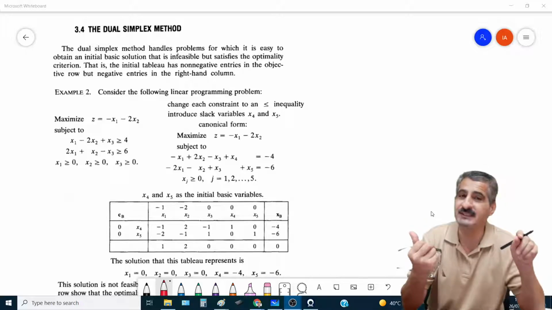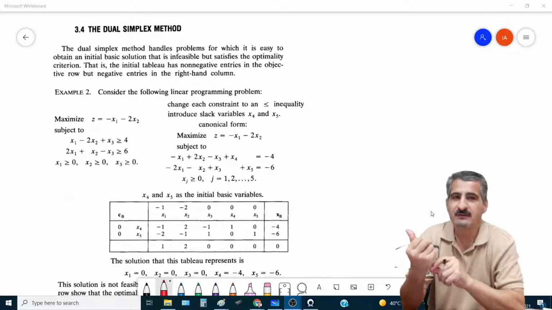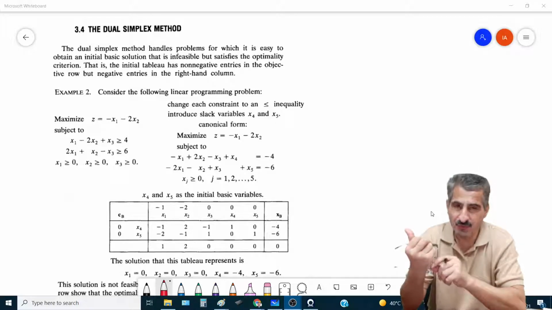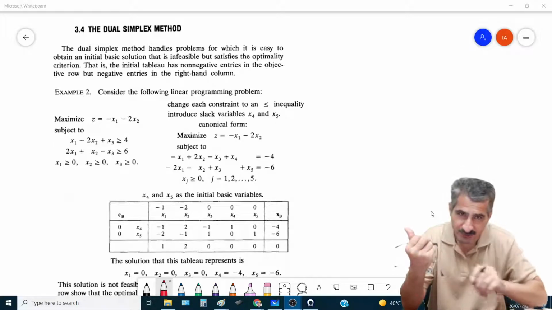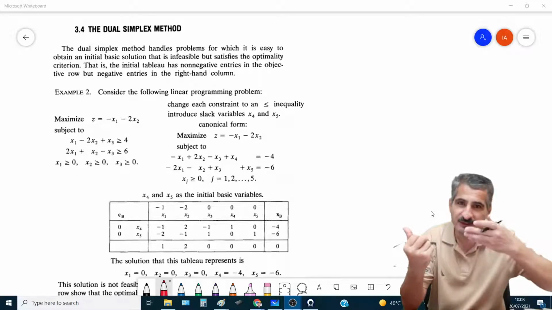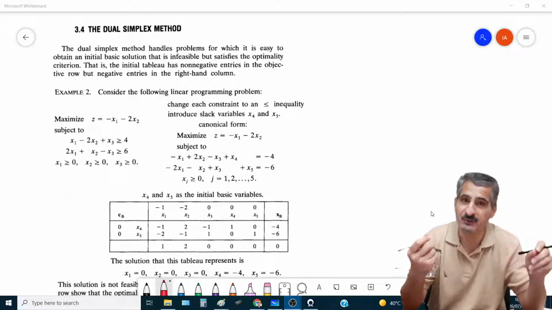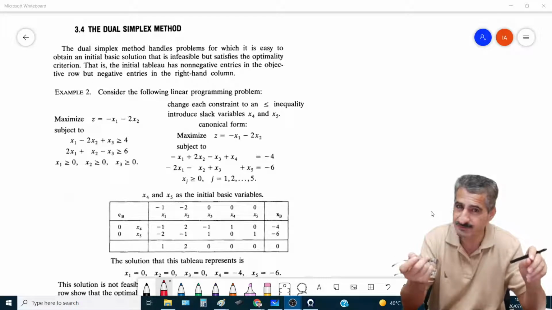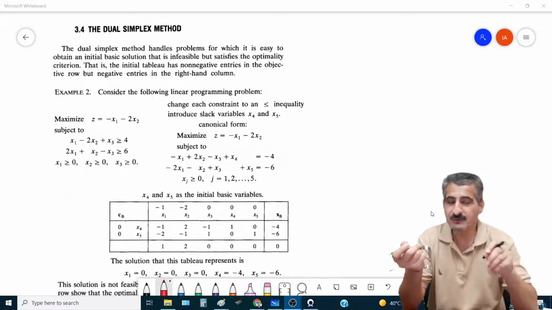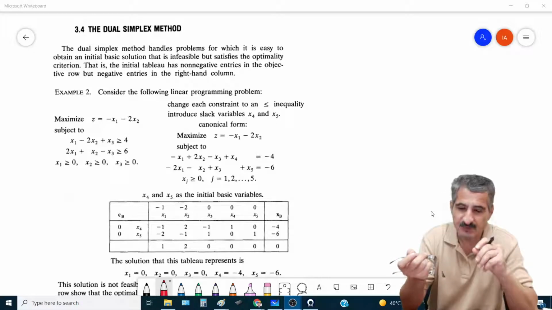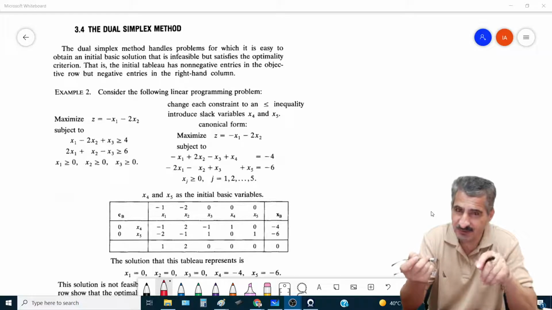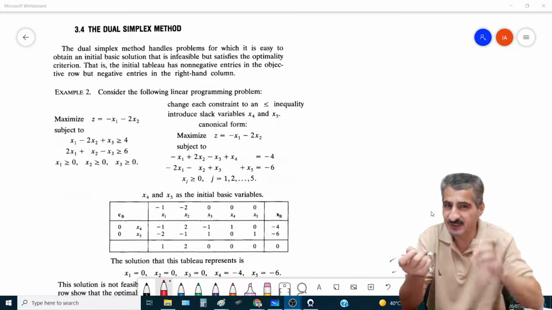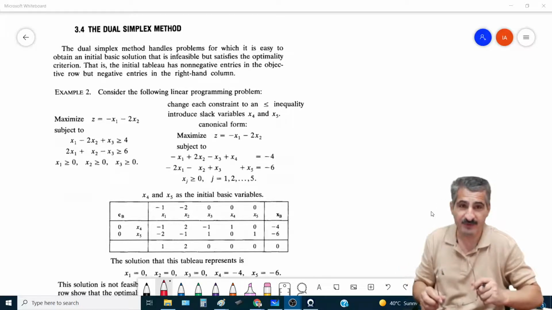Now, how do we choose the entering variable? We make ratios, but this time ratios are taken as the entries in the objective row divided by the entries in the departing row we already chose. Then we take the largest negative value in there, which will help us decide what the entering variable is.